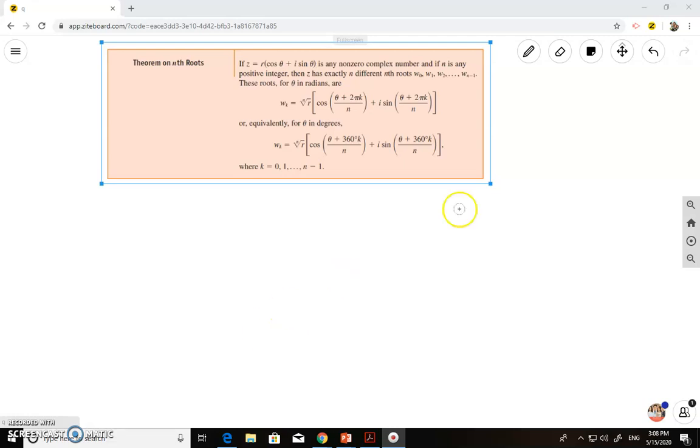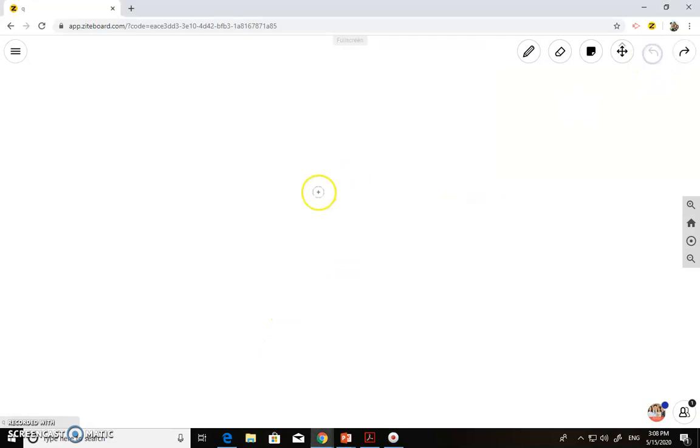For example, another example, we have used DeMoivre's theorem to solve this. We are given a complex number, so we have now to graph that one.